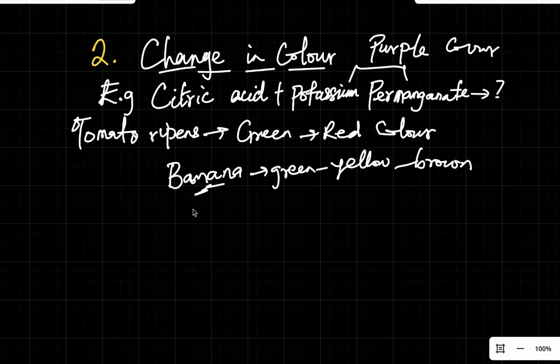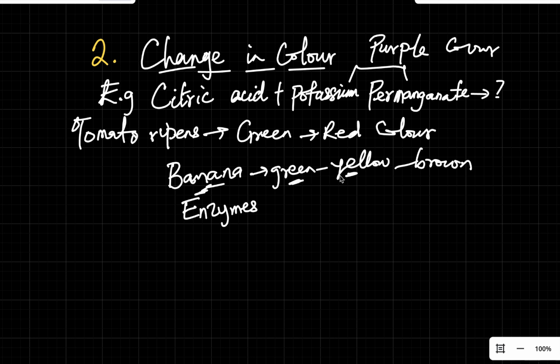You know about enzymes. Enzymes are organic catalysts. They don't start reactions, but they speed up the rate of chemical reactions in the body. When they react, new substances are formed, causing color change from green to yellow because chlorophyll breaks down.